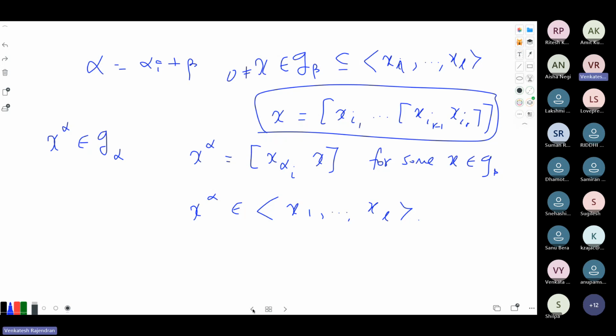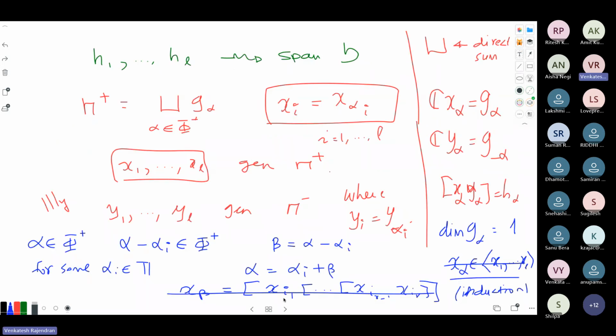See, the x alphas I already chose, I don't want to use that because the structure constants may vary. When I take successive brackets, I may not reach x alpha, but it's enough to reach some non-zero multiple of x alpha.